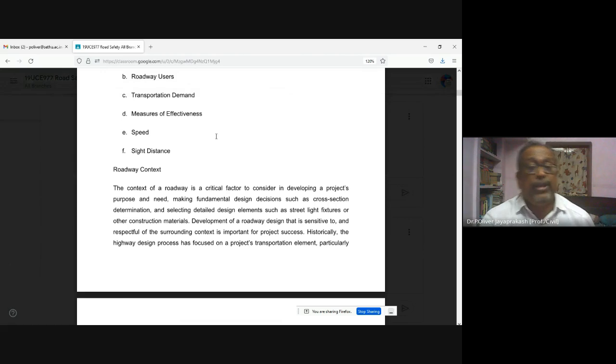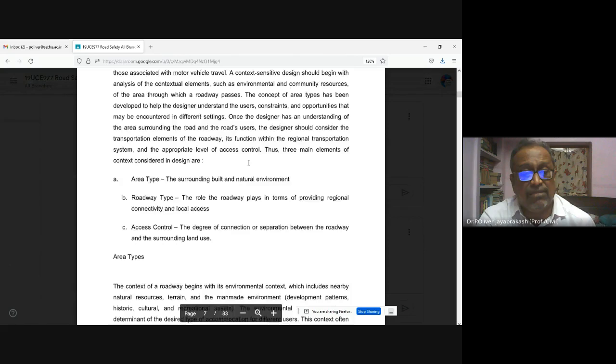Then what will be the speed, what will be the side distance, what will be the braking distance, what will be the lag distance, what will be the gap or headway between the vehicles. All these factors will influence.